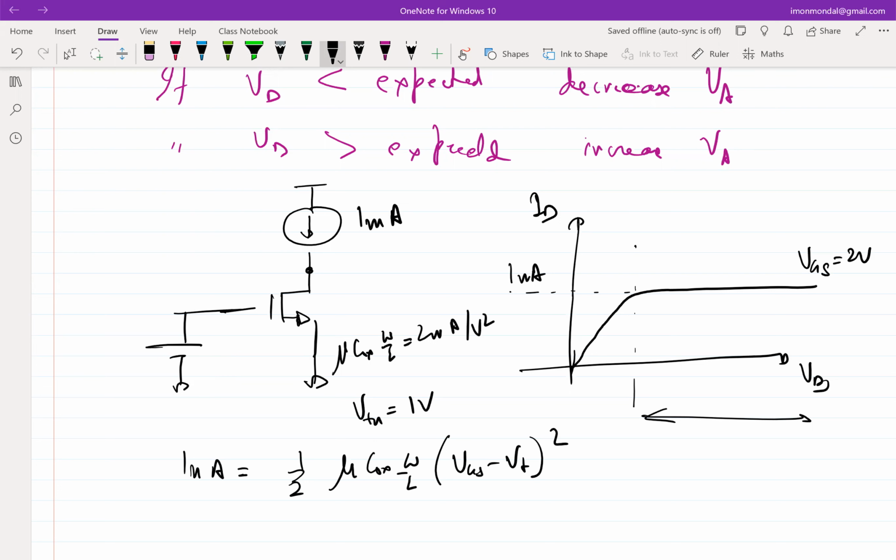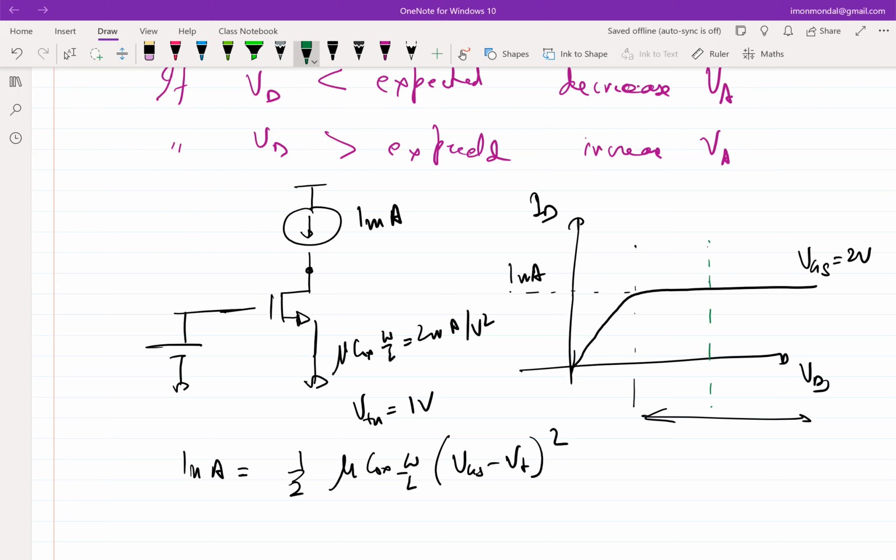But what happens if VGS is slightly higher than 2 volts? I am hoping that I will have a larger current. But the current source on top cannot provide a larger current. So what is the only possible solution?